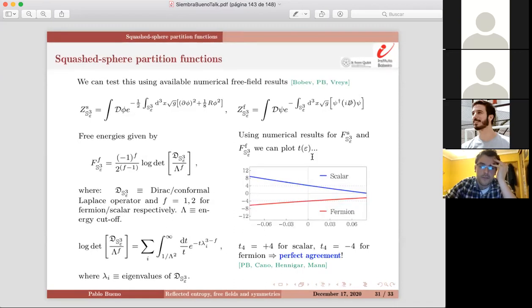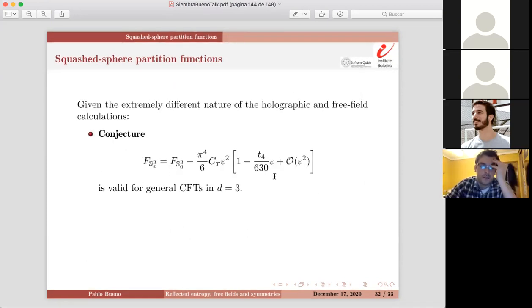And if the conjecture was true, then we knew that this T of epsilon should cross 0 at the values of t4 for the scalar and the fermion, which were known from long ago to be +4 and -4. And when you do the plot numerically of this function, you get exactly that match. So what one finds is that indeed this prediction for the cubic piece also holds for free fields.